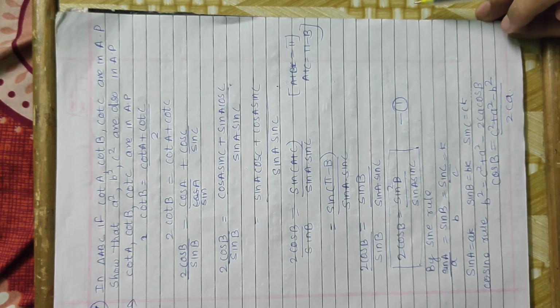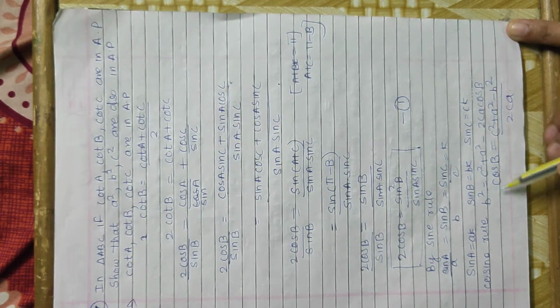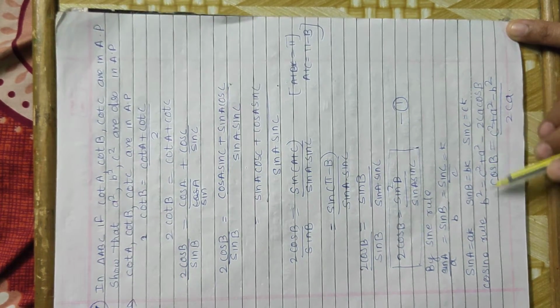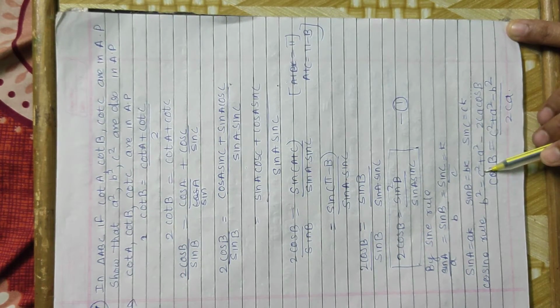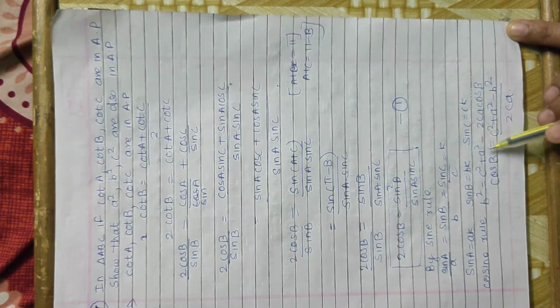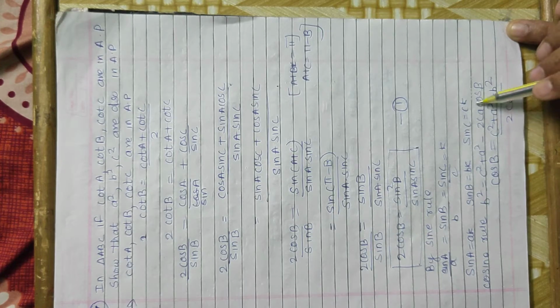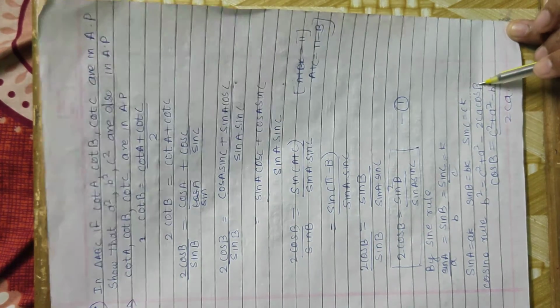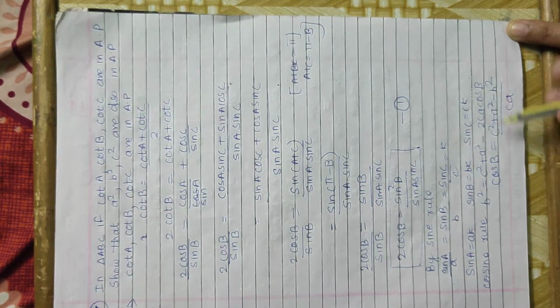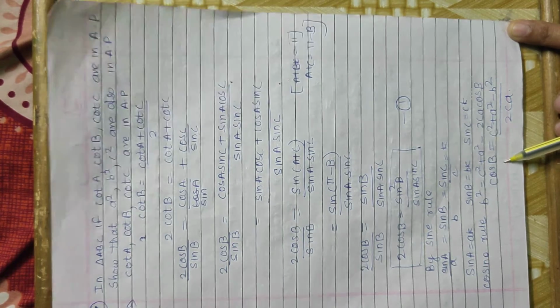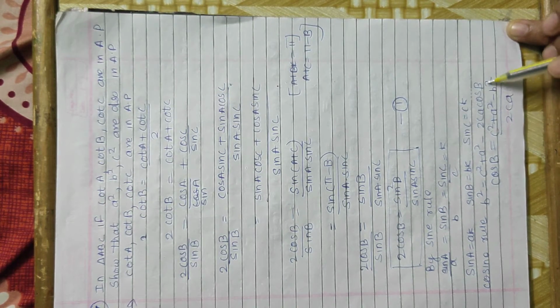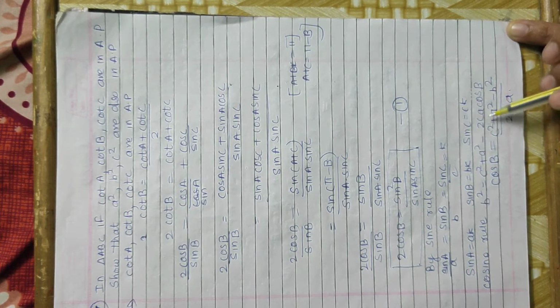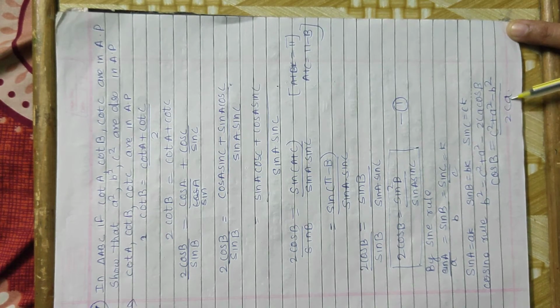B square is equal to, again the cyclic way, after B what comes? C square plus A square minus 2CA cos B. Using that we can write cos B is equal to (C square plus A square minus B square) upon 2CA.